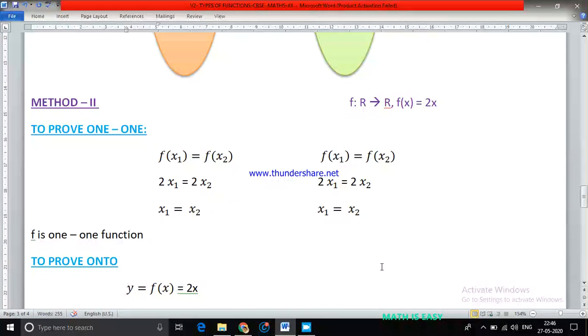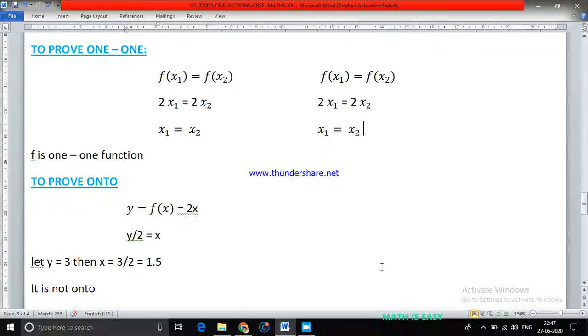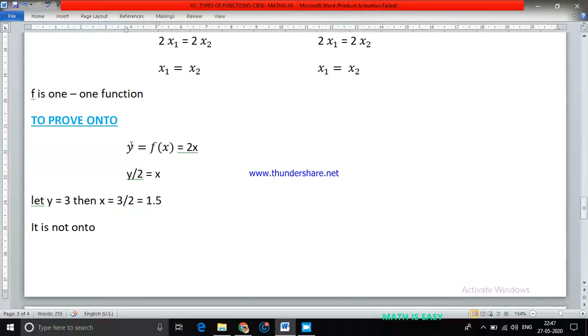Now come to the onto function. To prove the one-one function, I didn't face any difficulty. Whether it is natural numbers or real numbers, both remain the same. Here for onto, I have y equals f of x equals 2x, then I'll get x equals y by 2. That is also true. Now you take the y value.